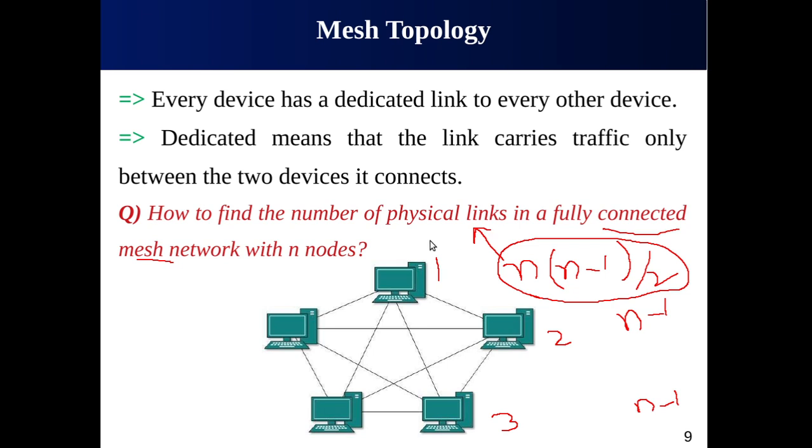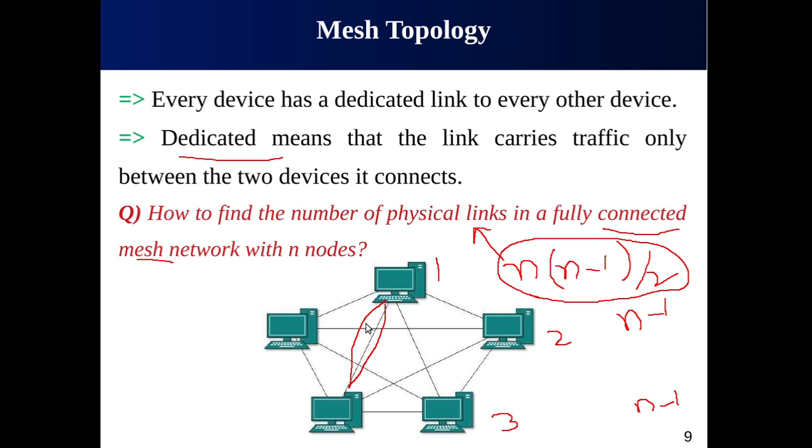Okay. So let's come to the dedicated links concept again. The use of dedicated links guarantees that each connection can carry its own data load, and it will eliminate the traffic problem that occurs when links must be shared by multiple devices. You have a dedicated link. You are not sharing this link with anyone else. So obviously it will guarantee the performance.